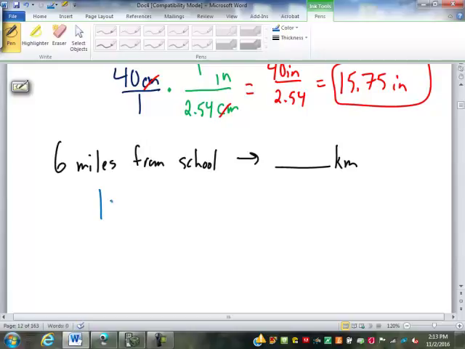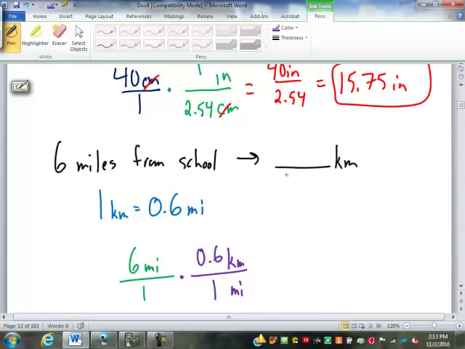I'm going to give you that 1 kilometer is approximately 0.6 miles. So 6 miles over 1. Again, we're getting rid of miles, so I'll put miles on the bottom, kilometers on top, 1 mile, 0.6 kilometers.